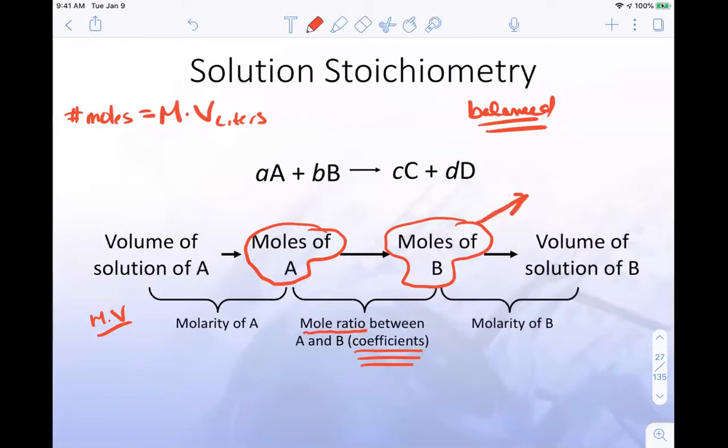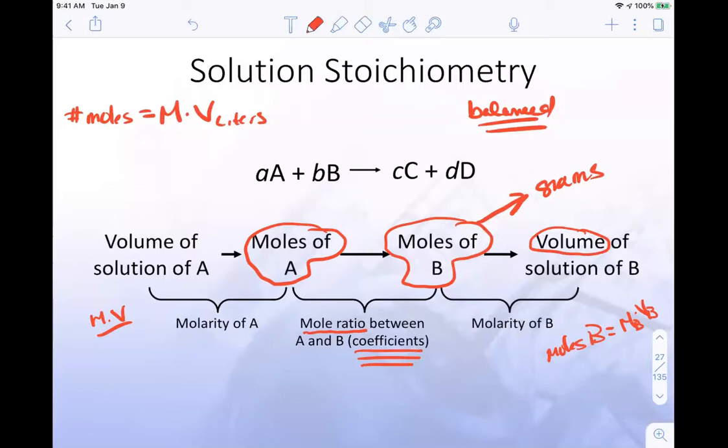Now I could go to grams of this material, or I could go to either volume or molarity, because I also know that the moles of B is equal to the molarity of B times the volume of B in liters.